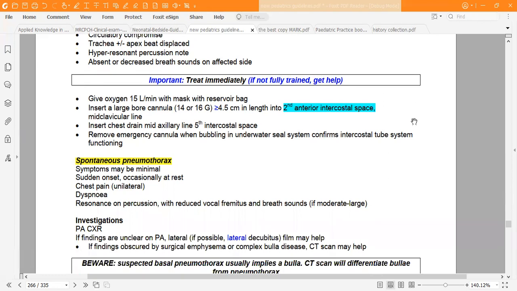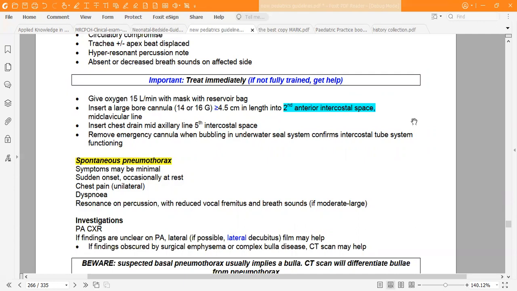First of all, you will give oxygen 15 liters per minute with mask, with reservoir bag. Insert a large bore cannula, 14 or 16 gauge, which is about 4.5 centimeter or more in length, into the second anterior intercostal space, whether the right side or left side, according to your clinical finding, in the mid-clavicular line.